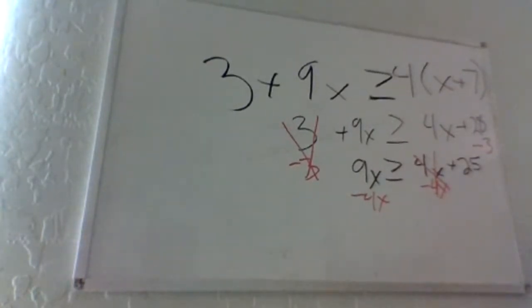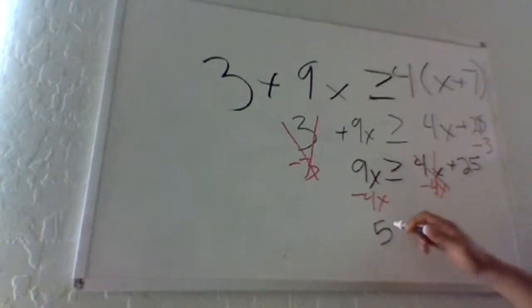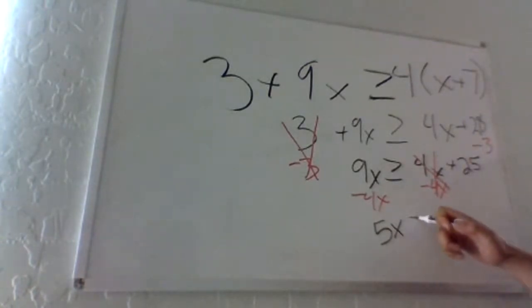So I got 5x when I subtracted it. Yep, 5x. This is when I'm supposed to divide that 5x by 25.